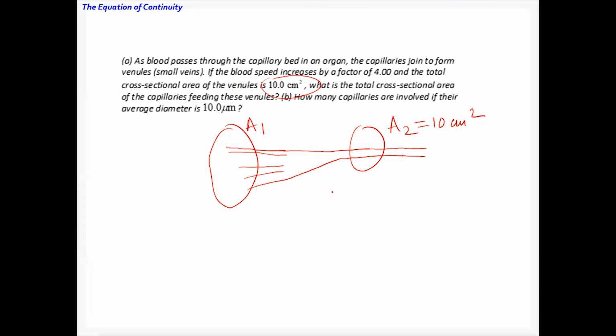So what is the total cross-section area of the capillaries? You have to find A1. So what is the formula? We use A1 V1 equals A2 V2, right? So what is your A1? We don't know, so we just divide this by V1, then it cancels out. You got A1 equals A2 V2 over V1. So we know A2 is 10.